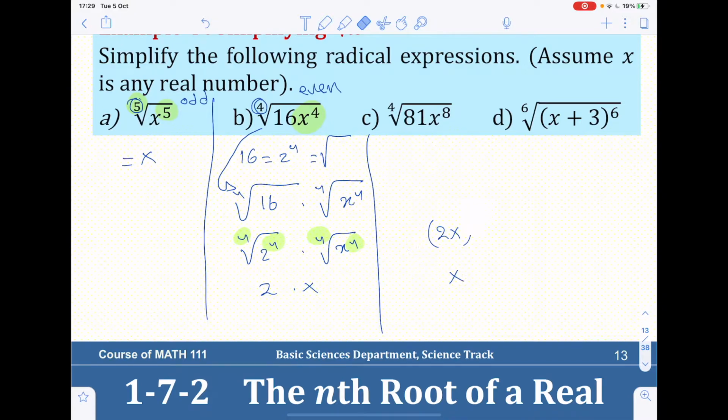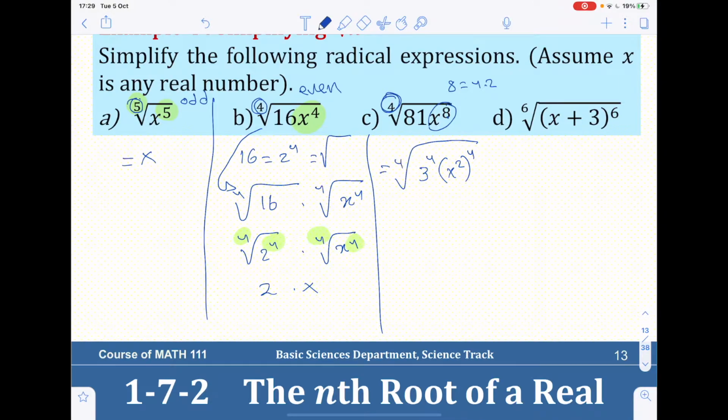Now let's do the next one. 81, same thing. We can write 81 as 3 to the power 4. And x to the power 8: since here we have 4, I need 4, not 8, so I can write 8 as 4 times 2. So I put x to the power 2, then all to the power 4.